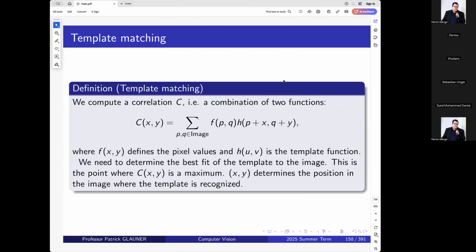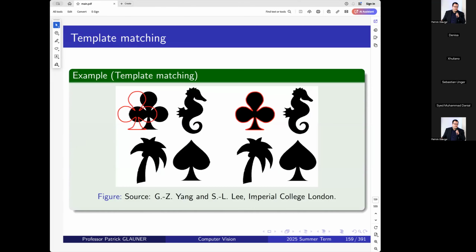With templates, we can try to find a pattern of an object in an image. What we do concretely is this mathematical definition, which doesn't matter too much for now. We will look at an example of template matching. So we have a template, which is the red one here, and we would try to find that object in the image.